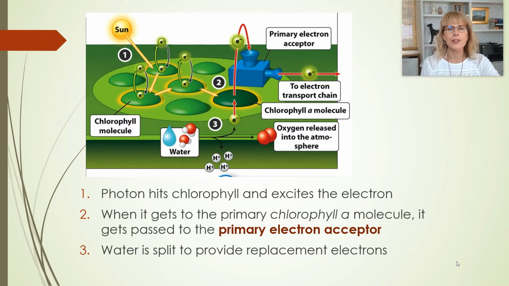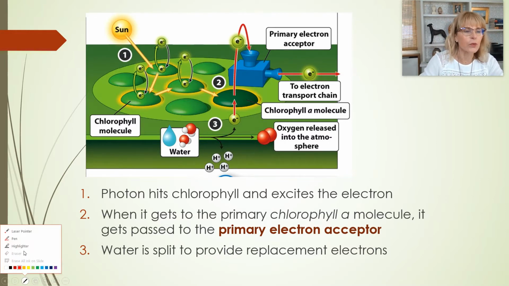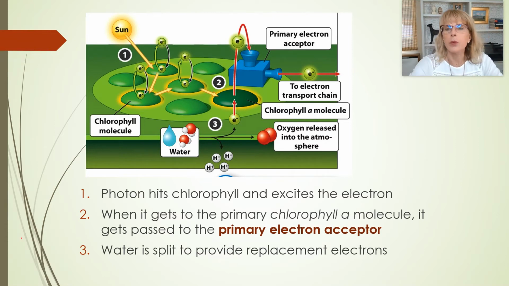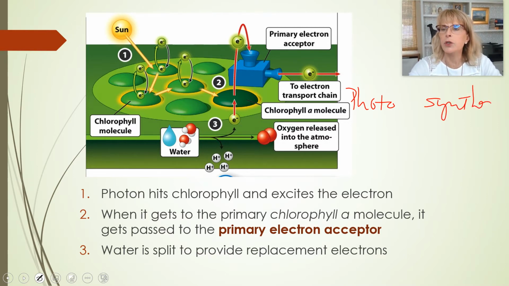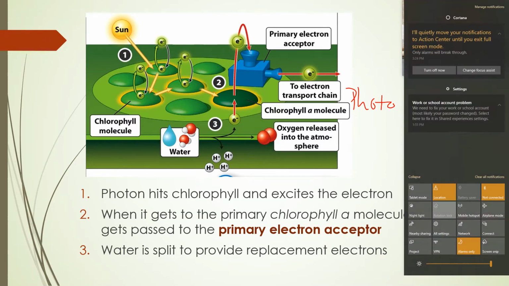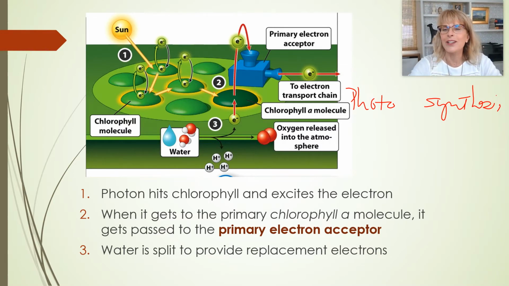We're talking about photosynthesis. And you know what? I don't know if I've said it before, but I should remind everyone that the word photosynthesis is kind of two words put together, right? They're photo and synthesis.